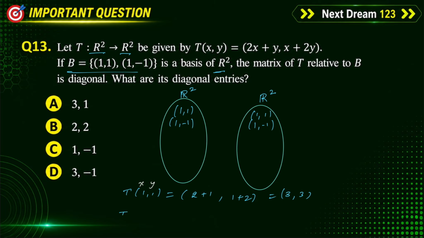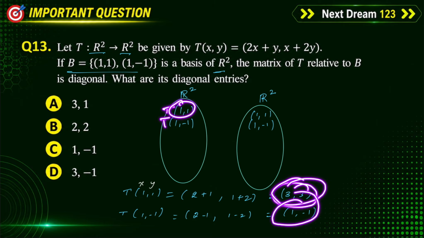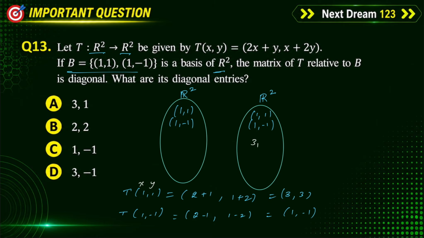Next, T of (1, -1) is equal to, substituting here, we get 2 minus 1, 1 minus 2, that is (1, -1). After applying the transformation, these are the images: (3, 3) and (1, -1).